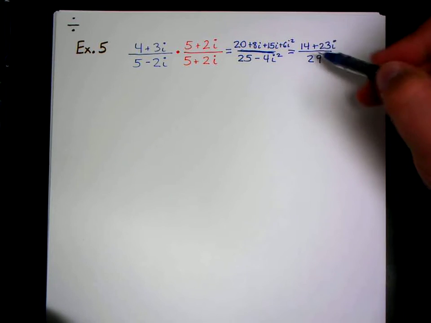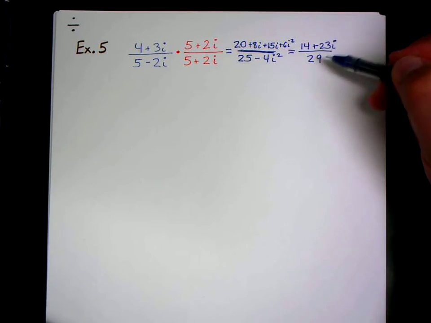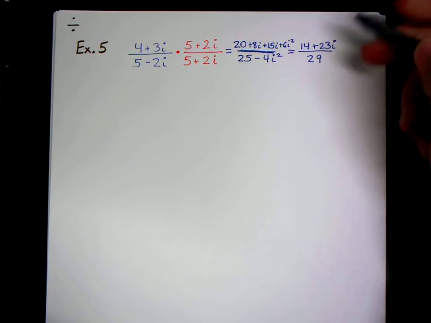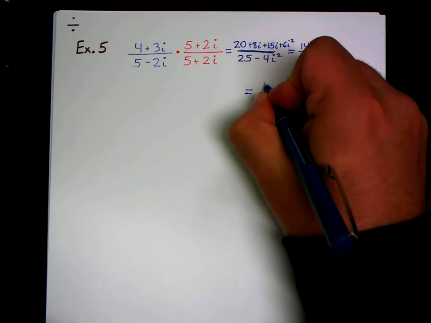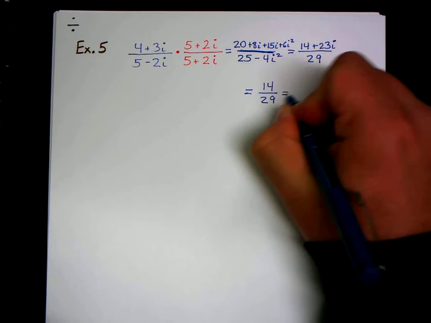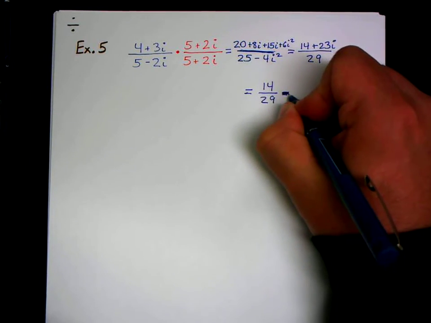Okay, now, is this in standard form for a complex number? No. It has to look like a plus bi. Oops. Don't want an equal sign there. I want a plus sign.